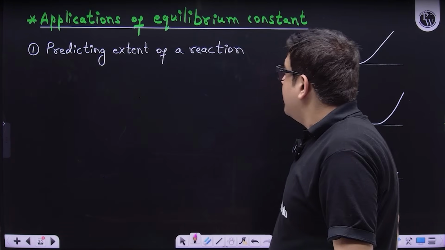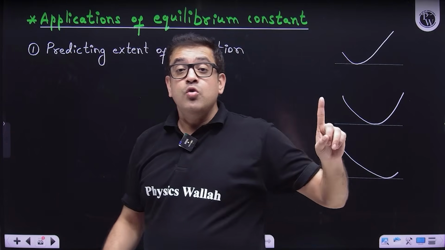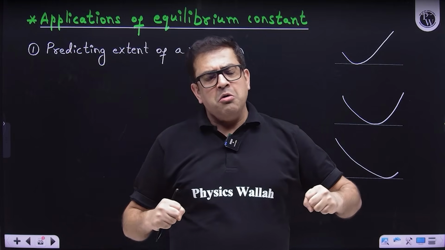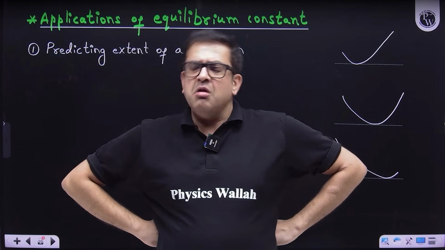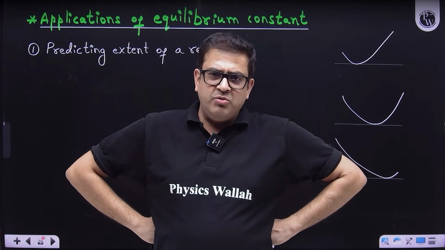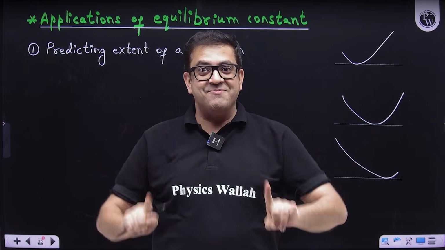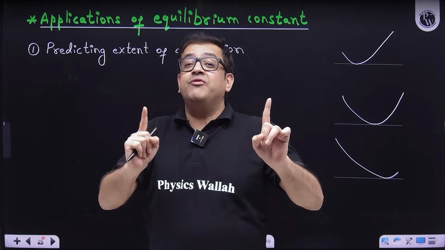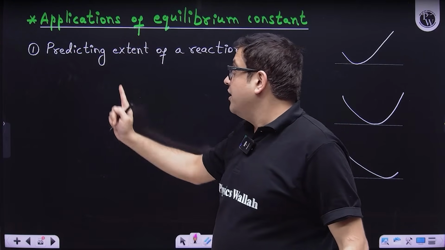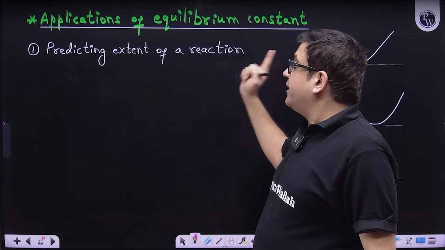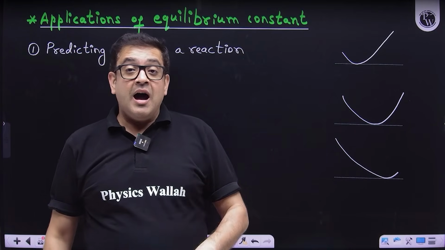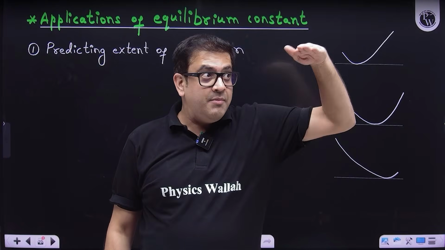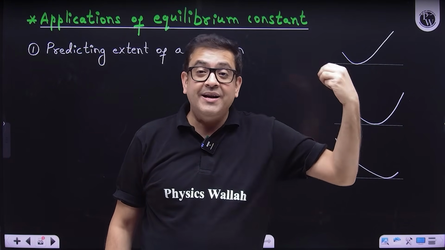Moving ahead. Now, applications. After knowing the characteristics of equilibrium, let us see what we gain if we know the value of K for a reaction. What mountain have we climbed? Let us quantify that. So, applications of K. The first application of K is predicting the extent of a reaction. Remember, I presented a new term called reaction quotient, which is the same product upon reactant concentrations, but at any point of time.